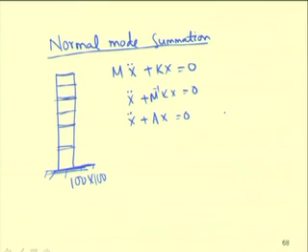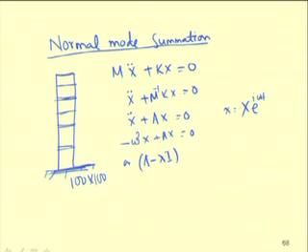By substituting x equal to x e to the power i omega t, this will reduce to minus omega square x plus A x equal to 0, or one can write (A minus lambda I) x equal to 0.